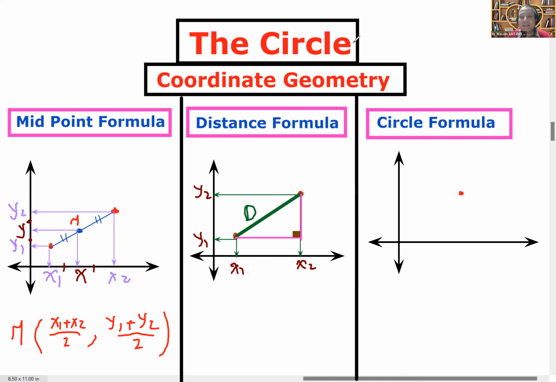Now I need to find the distance between them using Pythagoras. What is the distance here? It's x2, but I have to cancel x1 from it. How? Minus. So this is x2 minus x1. What about the vertical part? y2 minus y1.